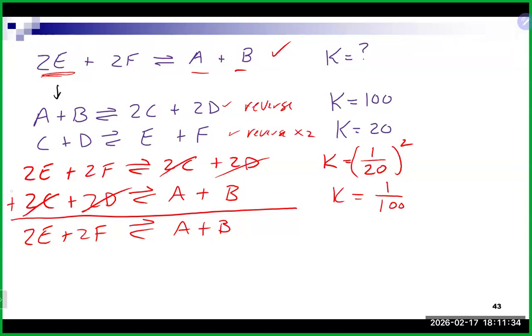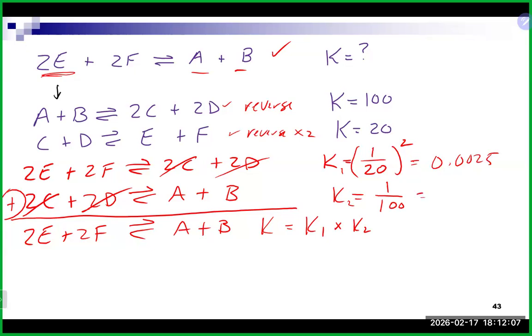Because we ultimately added these equations together, if I call this K1 and K2, the K value for this equation would end up being K1 times K2. Again, we're not going to add, we're going to actually multiply the adjusted numbers here. So if we take 1 divided by 20 and square it, that is going to get us 0.0025.